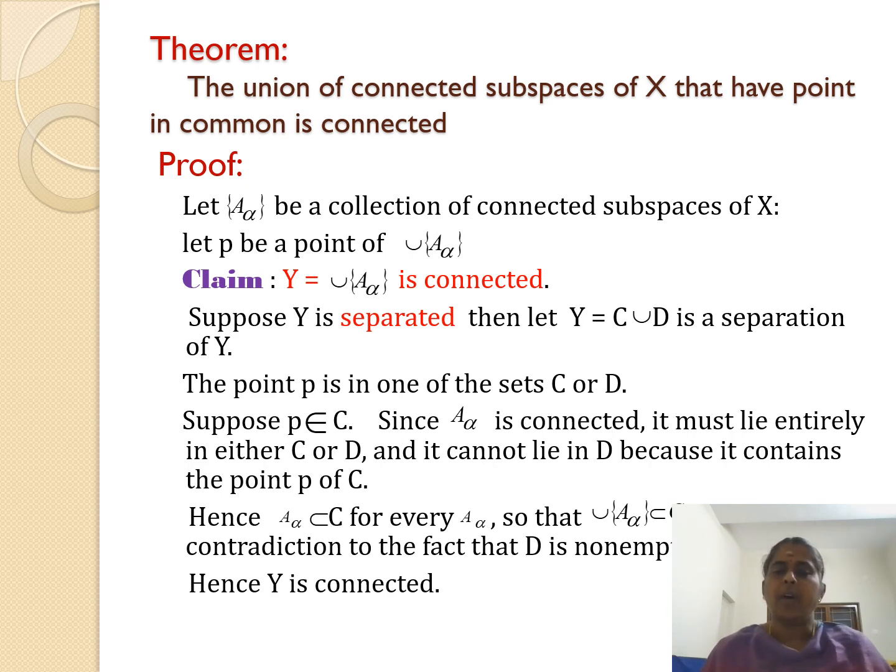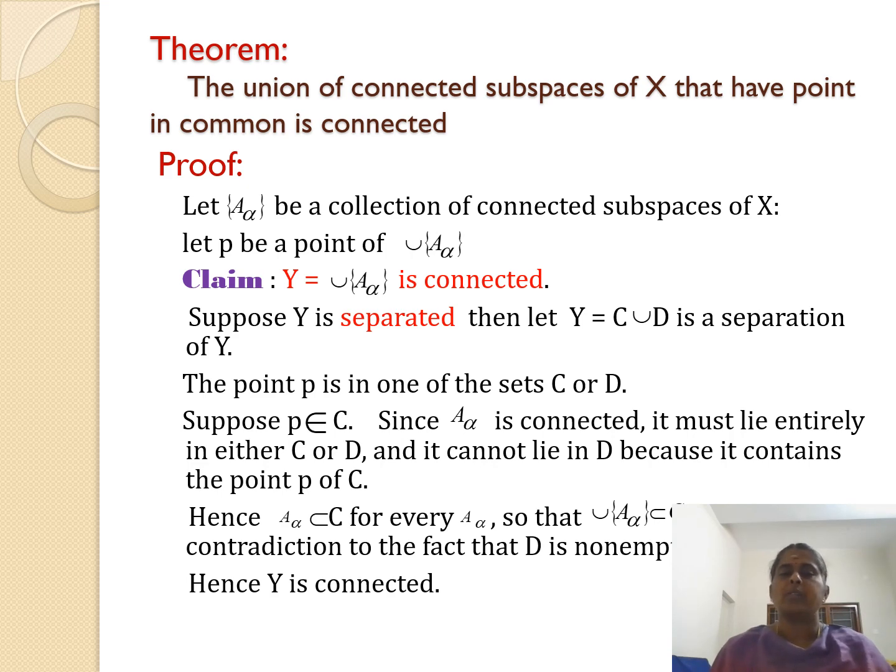Then suppose Y is separated. By the definition of separation we can write Y as the union of two disjoint non-empty open sets C and D. Then P belongs to, we are taking P as the common point of all connected subspaces A alpha.